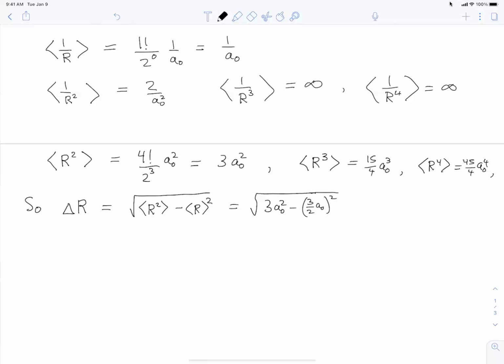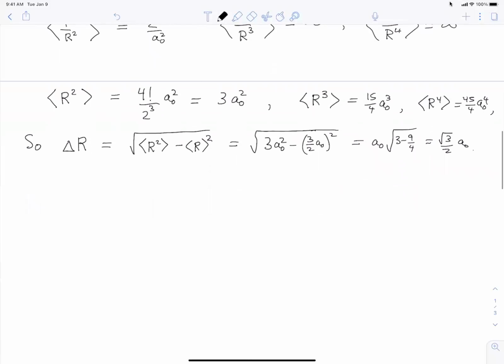And so that turns out to be the Bohr radius times the square root of 3 minus 9/4, which is square root of 3 over 2 times the Bohr radius. Okay, so those are all pieces of information about how the radial coordinate expectation values behave for the ground state.